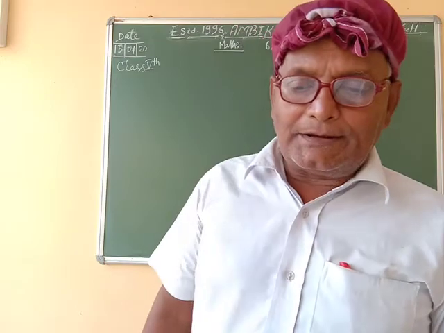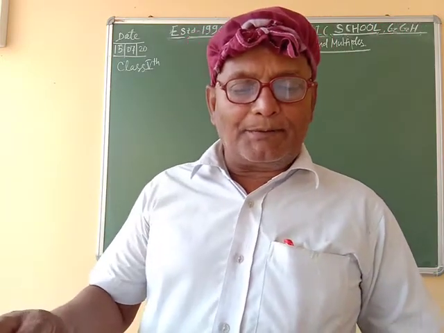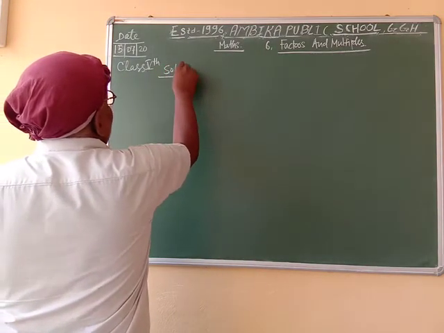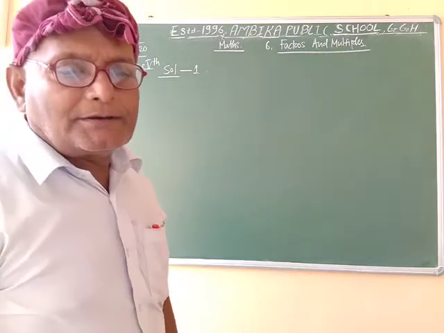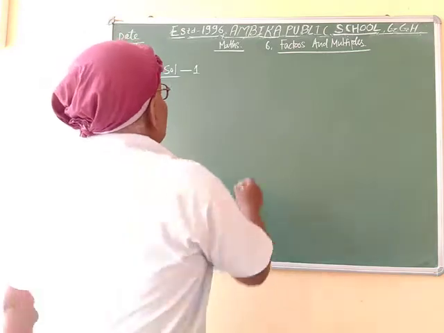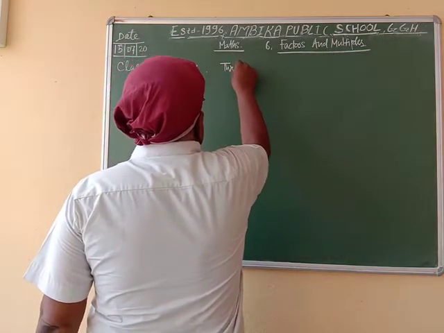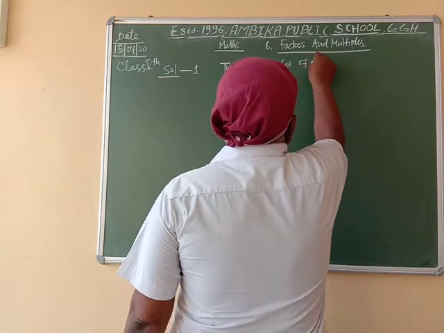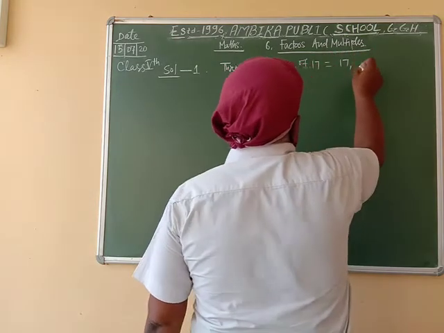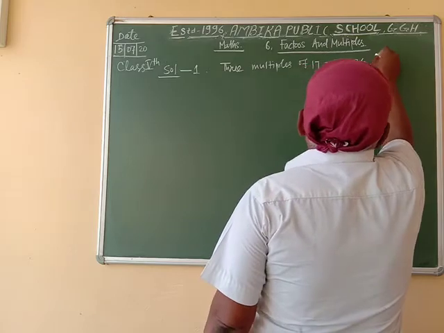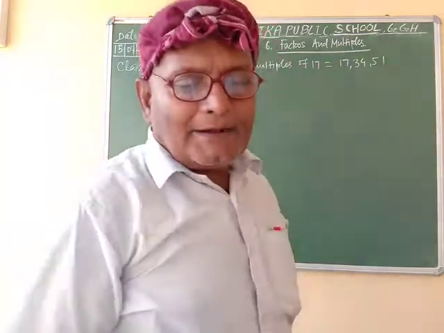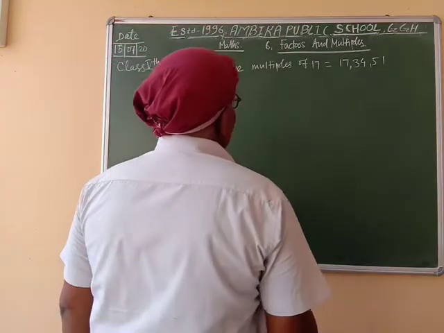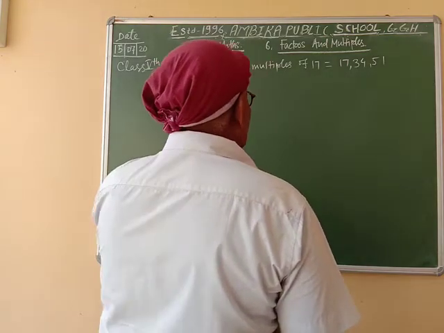The first three multiples of 17 are 17, 34, 51.